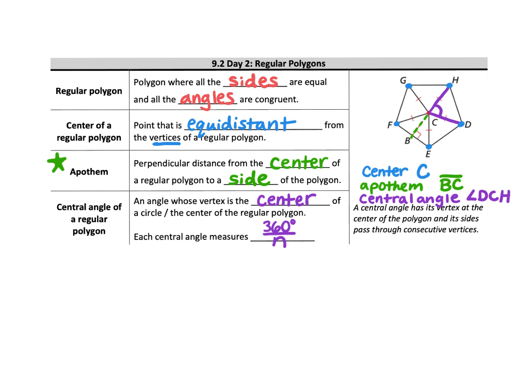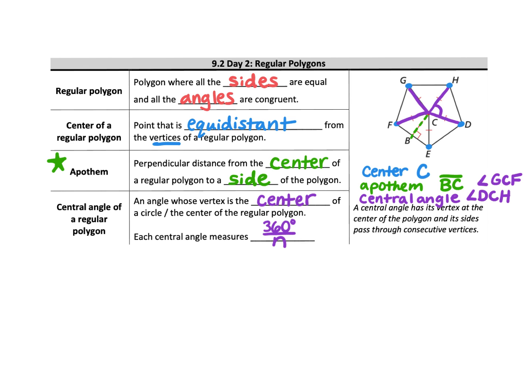So the central angle is this angle right here, angle DCH, but there are other central angles as well. For example, another central angle would be angle GCF. So there's 5 different central angles since there are 5 different vertices in my shape.